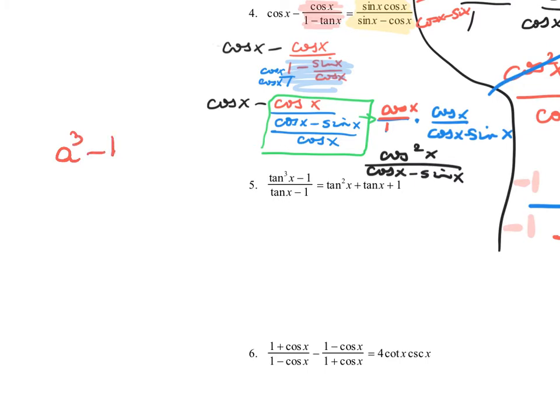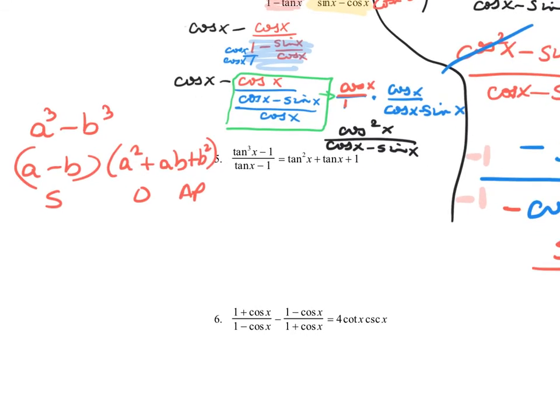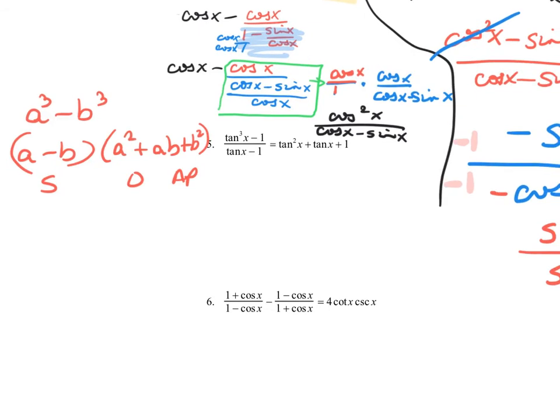Number 5, remember the cube pattern is this. A cubed minus b cubed is a minus b, same sign, square the a, multiply the a and the b. This is opposite sign, and then always positive. If this were starting out as a plus sign, again, the signs are the only thing that change. So I got a tangent cubed x. So I cube root tangent cubed x. That gives me tangent x.